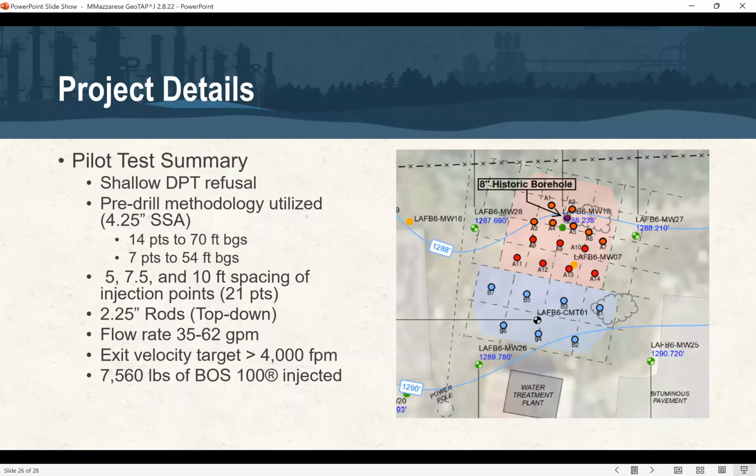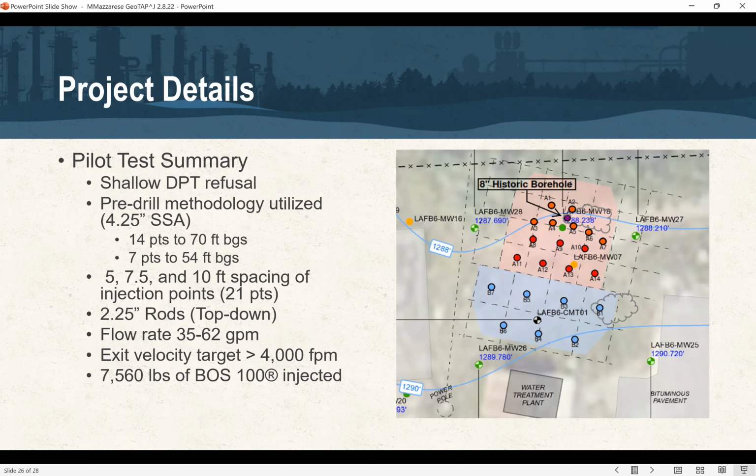We really haven't gotten into this too much in this presentation, though it is included in others, but we can also vary the injection tip geometry. We can use different tips that have a different number or different area of injection ports.